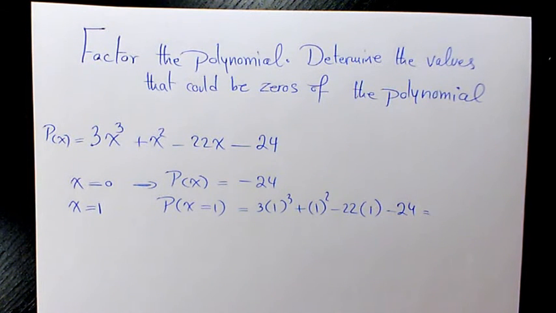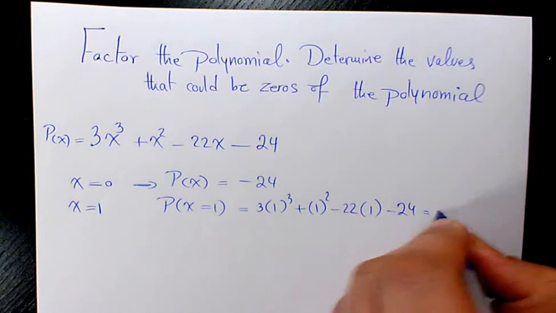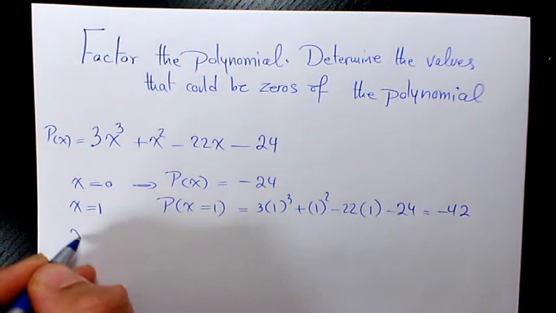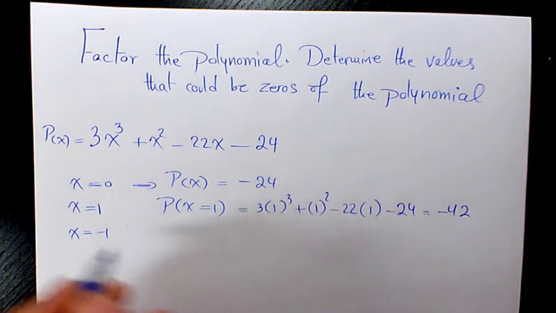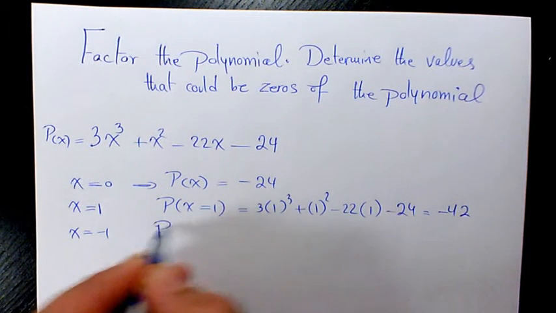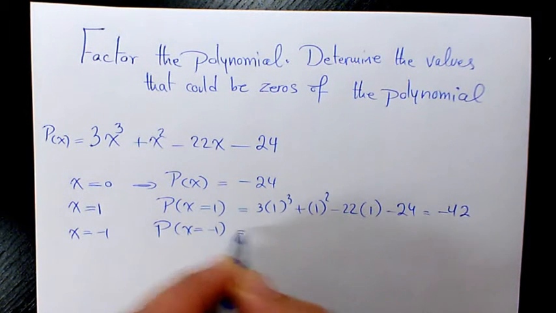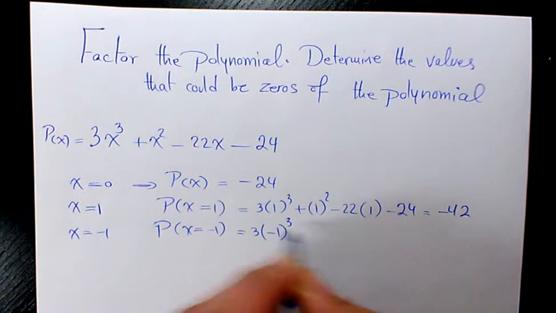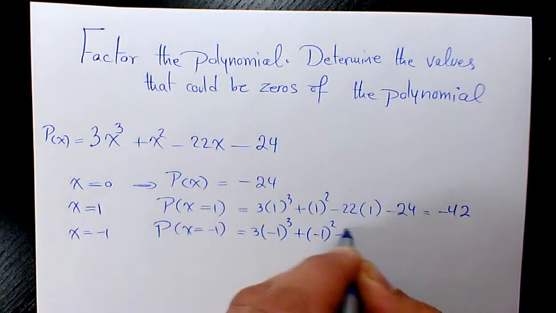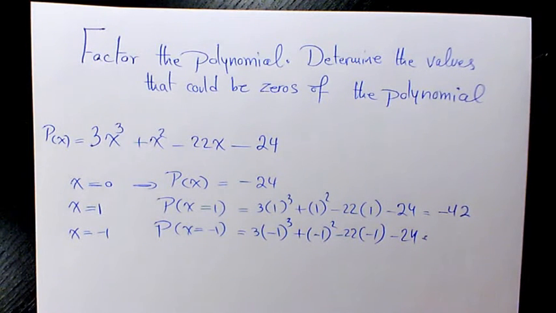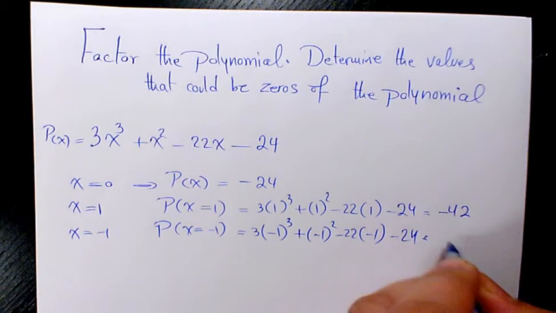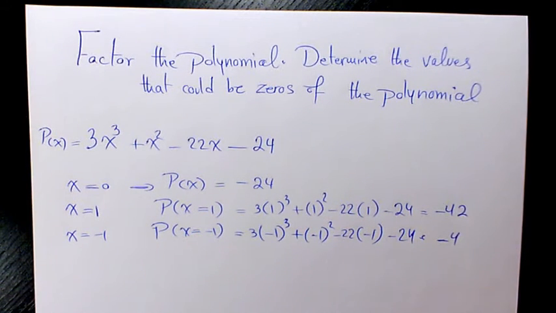That's basically going to be negative 42, so that's not equal to 0. Now let's look at P when x is negative 1. It's going to be 3 times negative 1 cubed plus negative 1 squared minus 22 times negative 1 minus 24. That's going to make it negative 4.